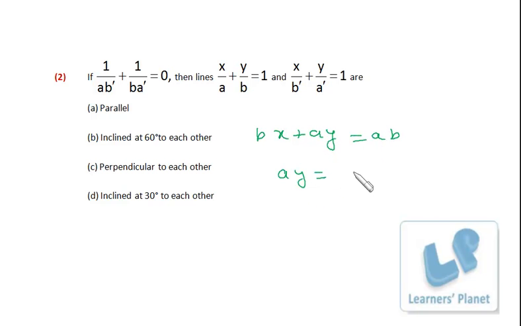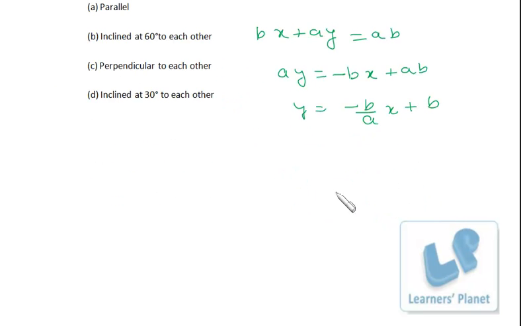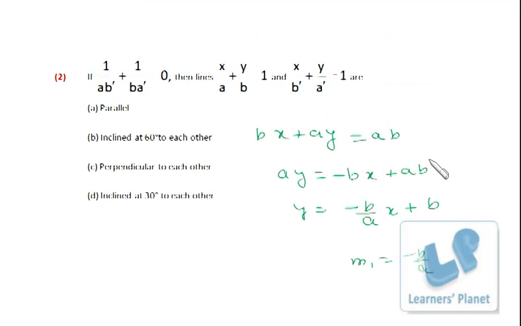So AY is equal to minus BX plus AB. That means y is equal to minus B by A x plus B. So m1 is equal to minus B by A. That is the slope of this line.